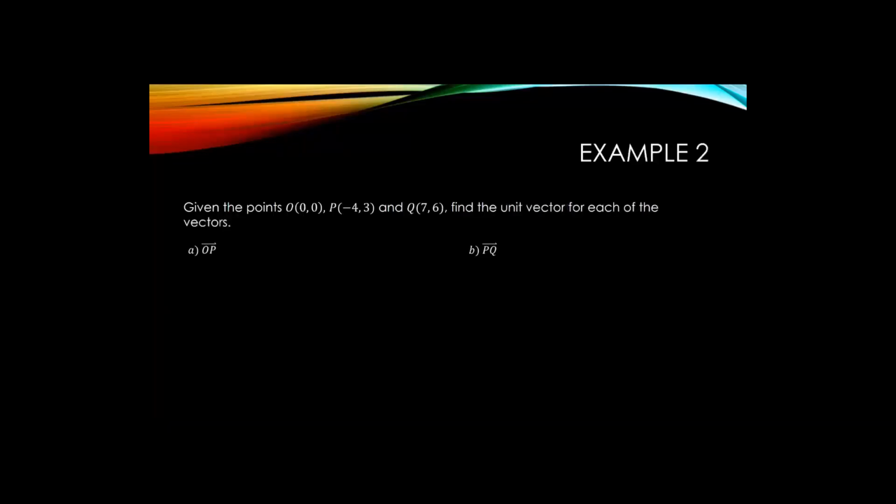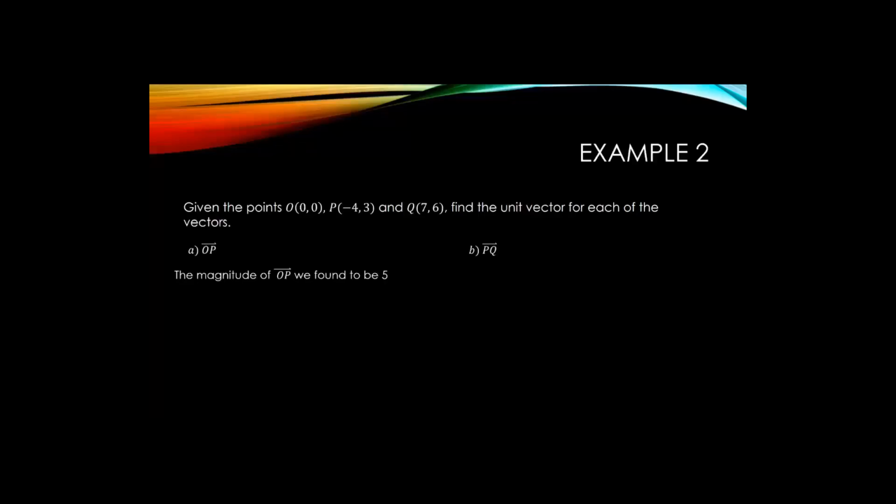Now I want to work a second example. Given the same 3 points with O having coordinates 0, 0, P having coordinates minus 4, 3, and Q having coordinates 7, 6, I want to find unit vectors for each of the given vectors. My vector OP we found had a magnitude of 5 in the earlier example.